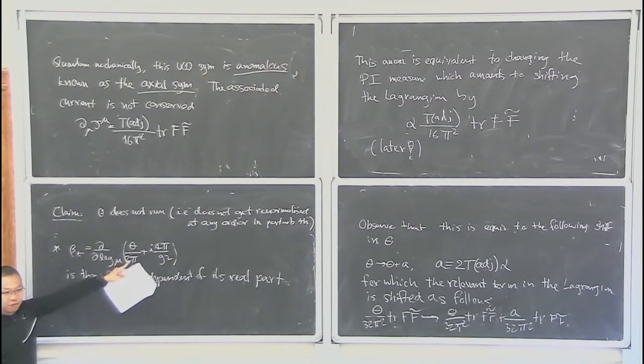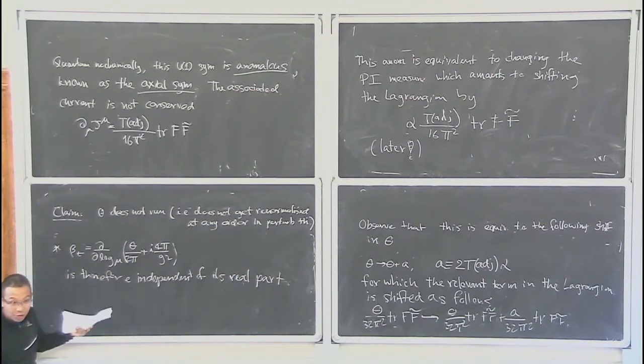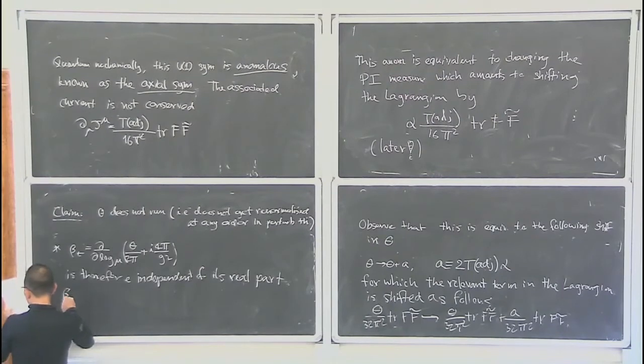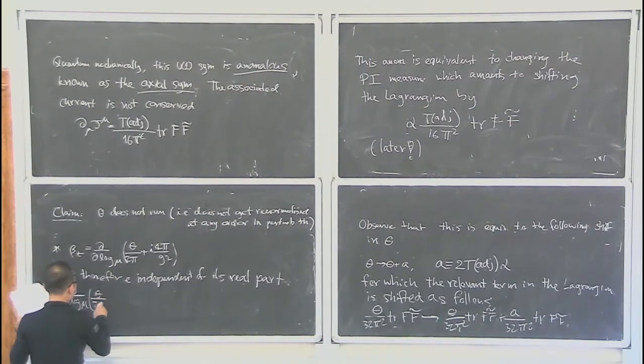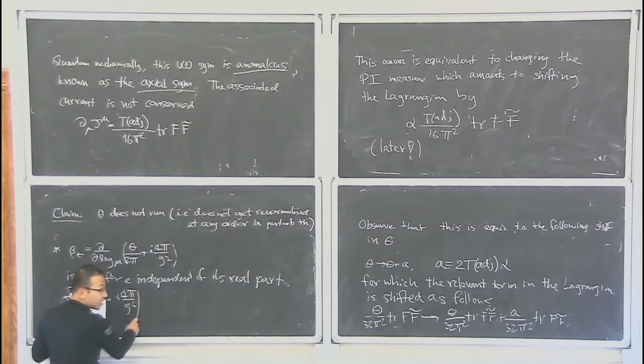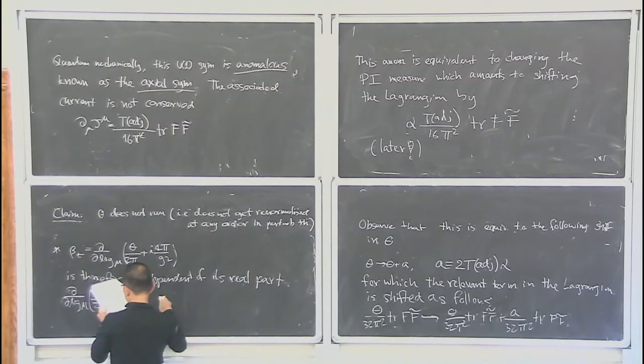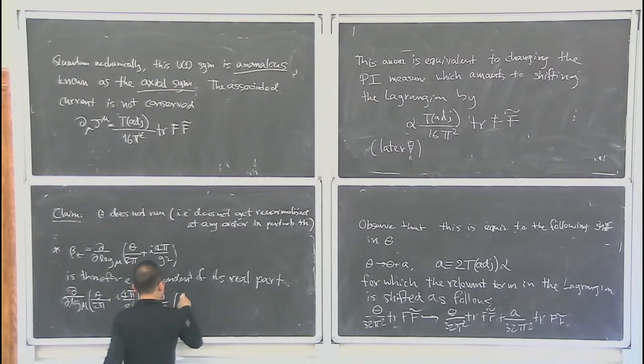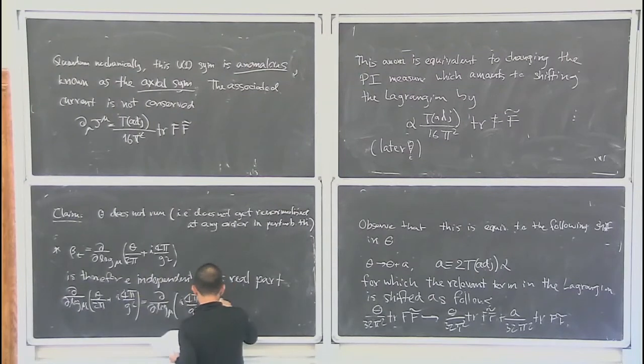So you can feel free to differentiate it. You get 0. Now what you mean is that you get d by d log mu of theta over 2 pi plus i 4 pi over g squared. Look at this trick carefully. d by d log mu of i 4 pi over g squared equals minus 8 over g cubed beta of g.